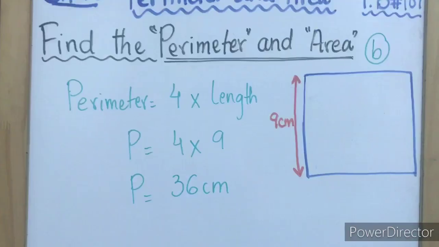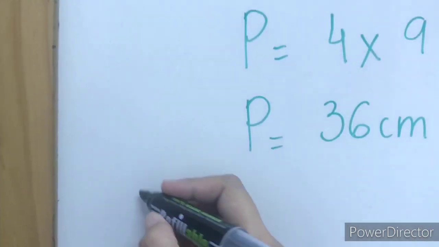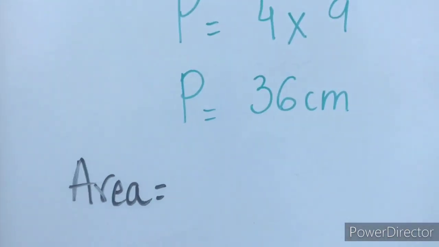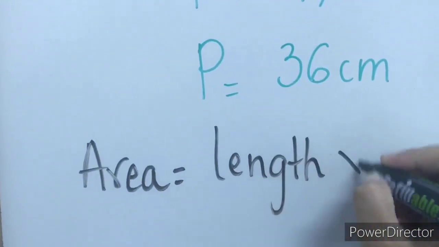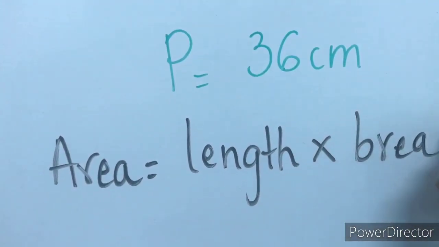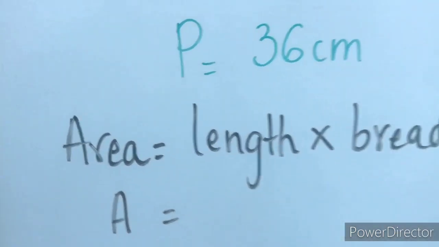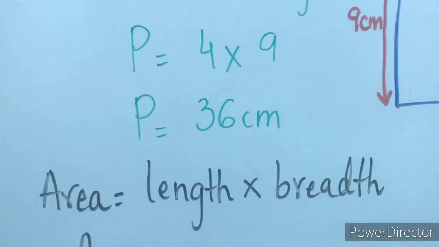That's all. Let's find the area of this square. The formula for area is length multiplied by breadth. So what is the length? Yes, length is 9 centimeter. And then what will be the breadth?